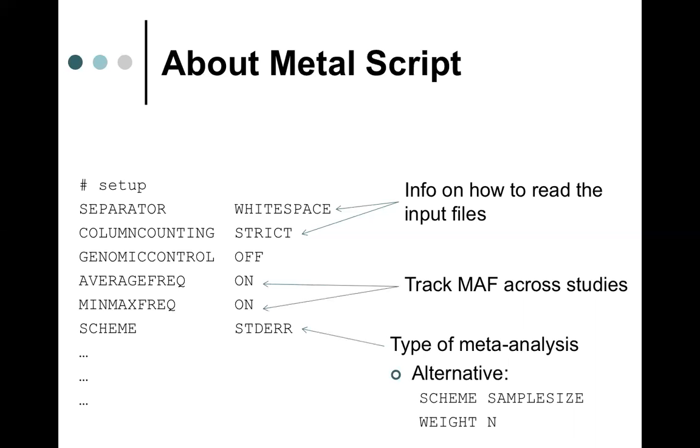And then setting up this overall tracking of allele frequency information, if that's something you have from each of your studies, will give you a good post-hoc check that you've done a good job of lining up the variants, by tracking both the average allele frequency and the minimum and maximum of that, to verify that you don't have likely allele swaps or strand flips that are essentially reversing the direction of the allele in one of your cohorts.